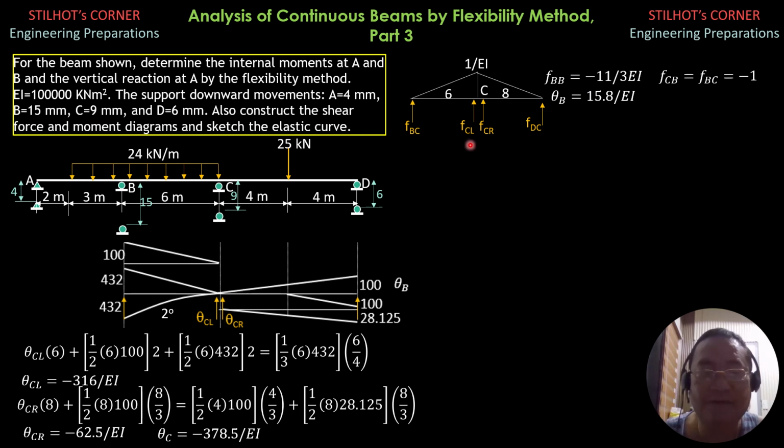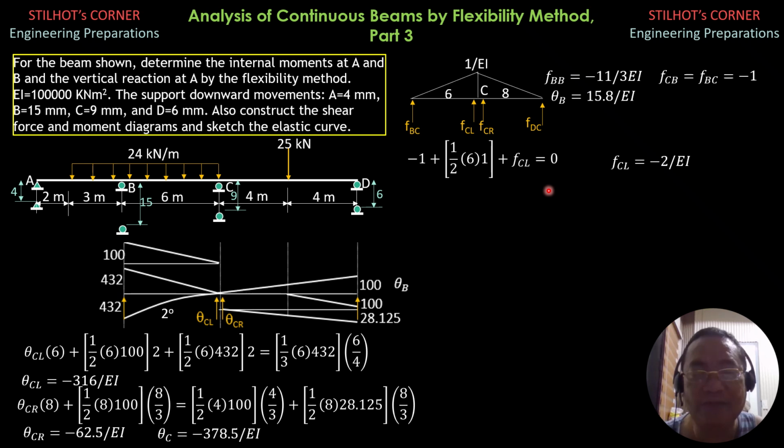Next, let's solve for FC left. We sum up moments about the left, or you may sum up forces in Y because FBC is negative 1. So, negative 1 plus 1/2 of 6 times 1 plus FC left equals 0. So, FC left is equal to 1 minus 3, it is negative 2 over EI. Then, to solve for FC right, we sum up moment about the right.